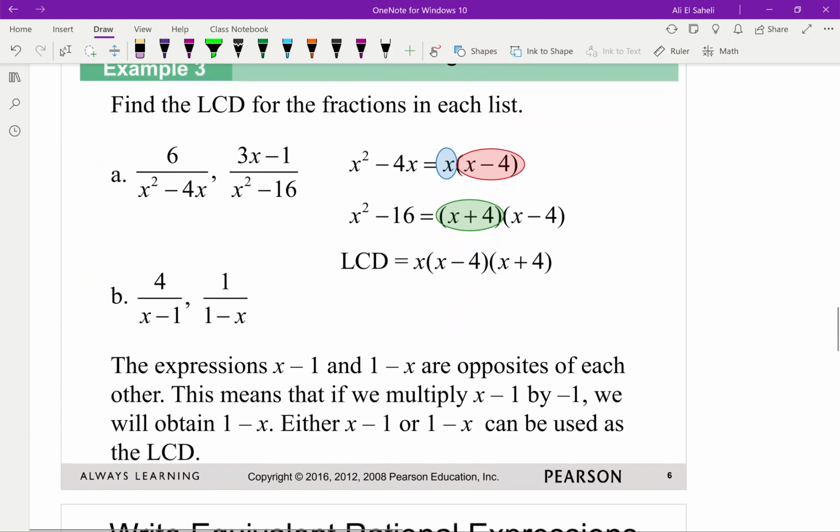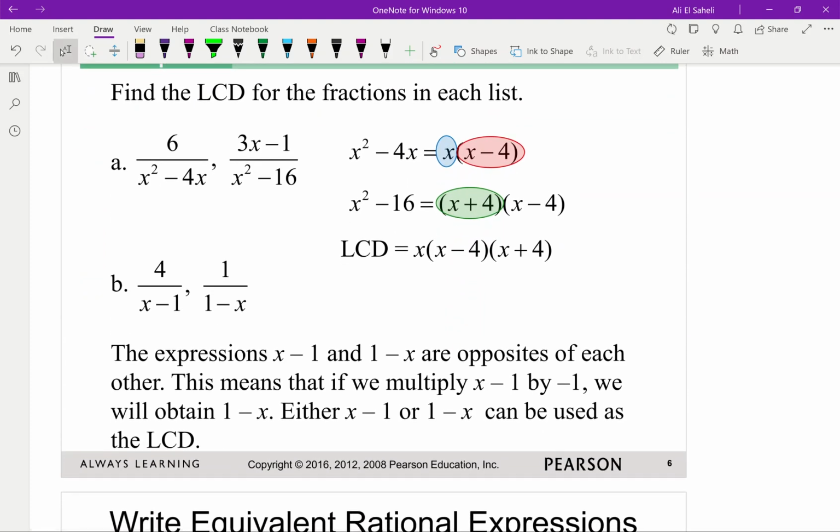Finding least common denominators. These are our denominators, so let's factor them out. The first one has x as a common factor, so this is written as x into x minus 4.